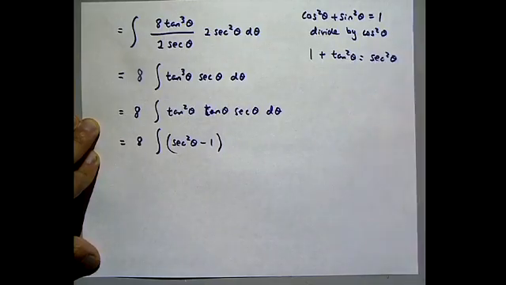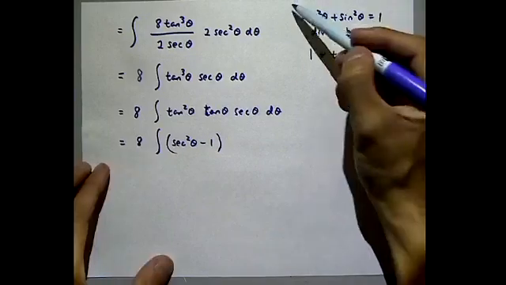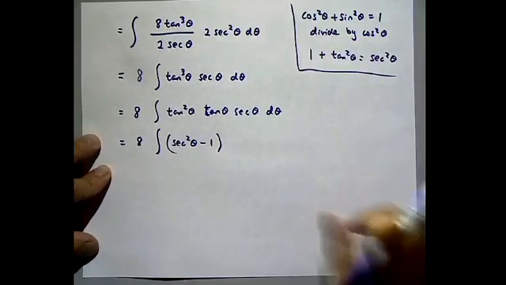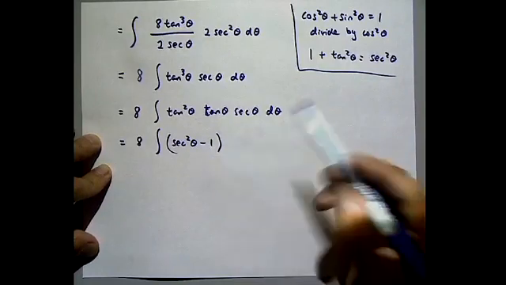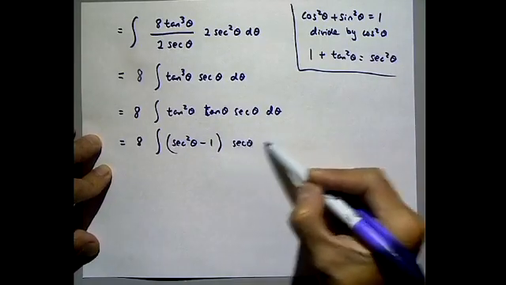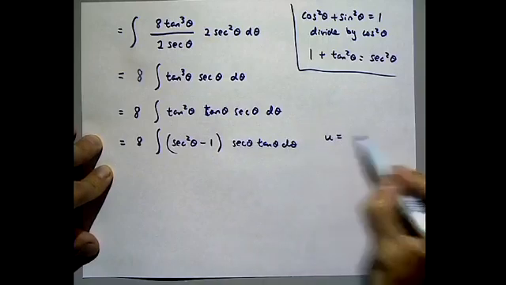Secant squared. So there you go. If you know this one here, dividing by cosine gives you the other one. So you see, tangent squared must be secant squared minus 1. So here we let u be secant.